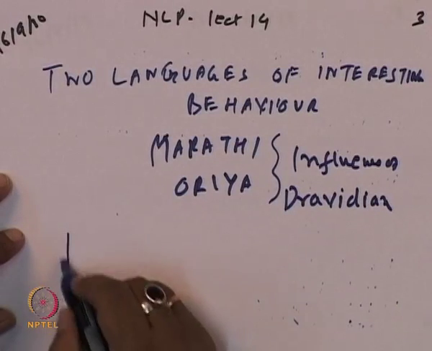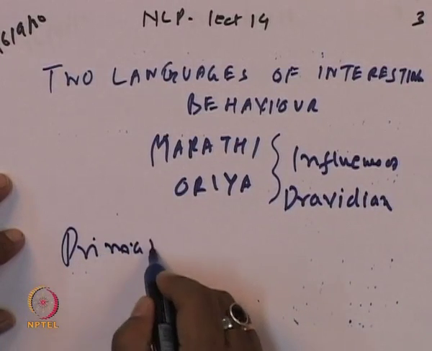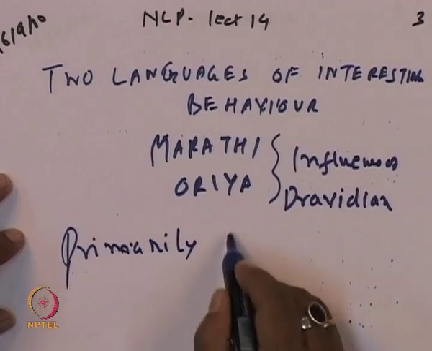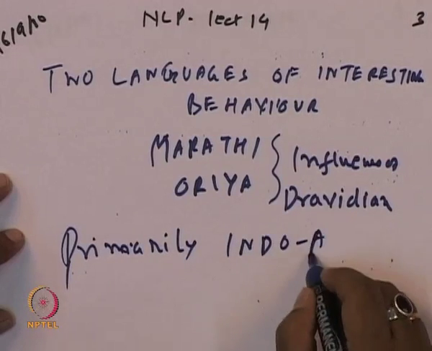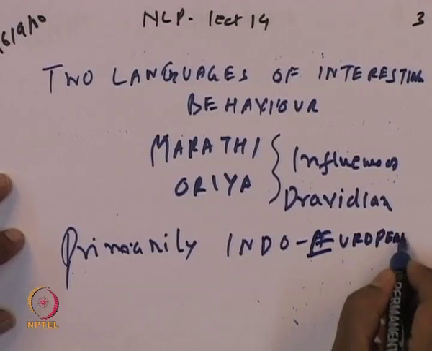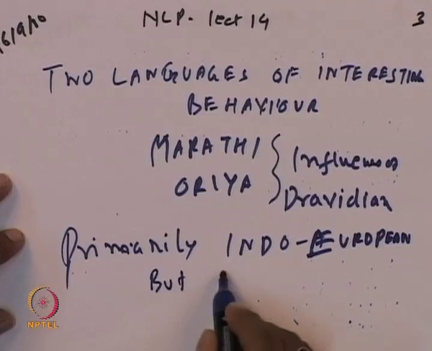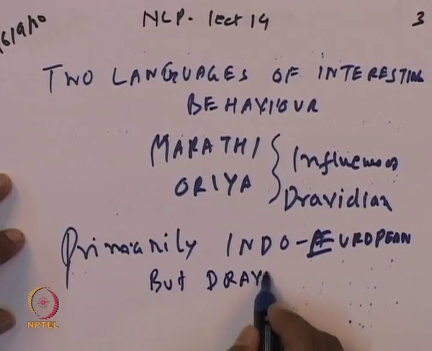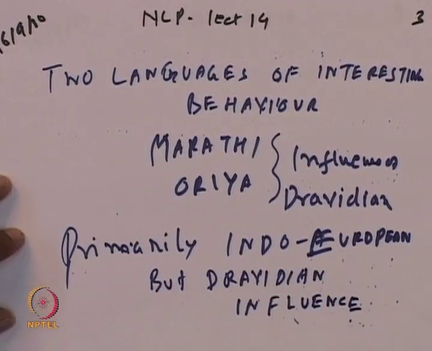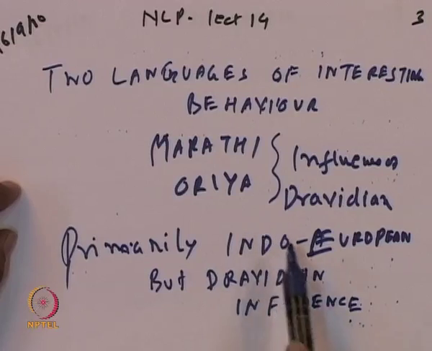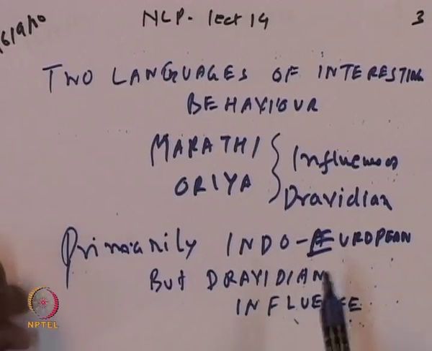Primarily they are Indo-Aryan or Indo-European, but with Dravidian influence. So, Marathi and Oriya, being at the border of South India and North India, have influence of Dravidian in them, though they are particularly Indo-European languages.